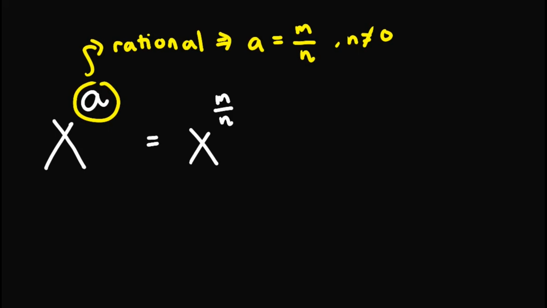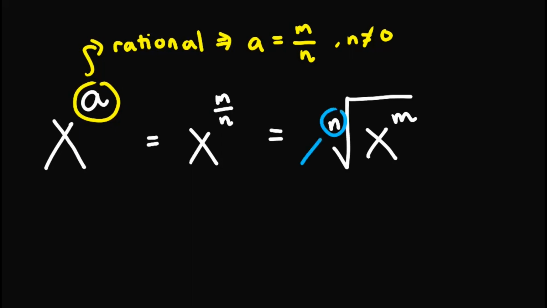Now from here, this is where the concept of radicals comes in. If we have a rational exponent, we can write it as the nth root of x raised to m. So this is now a radical. To define some parts, the n out here stands for the index of the radical.